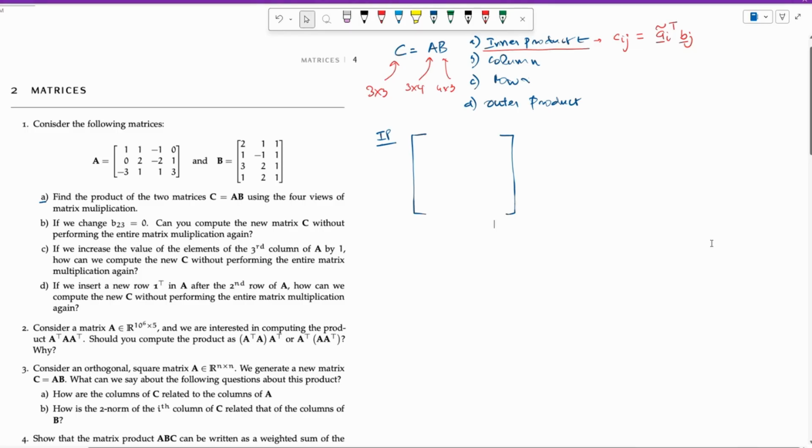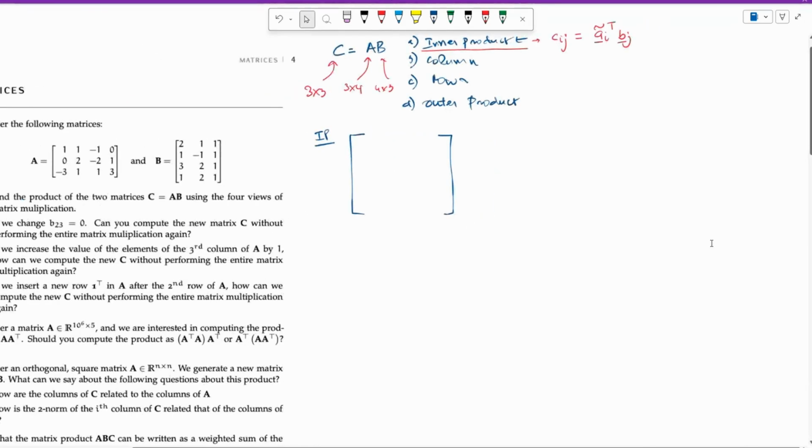Maybe I'll do C11. C11 would be, you take the first row of A and then take its inner product with the first column of B. What is the first row of A? 1, 1, minus 1, 0. The first column of B is 2, 1, 3, 1. And we know how to compute the inner product.